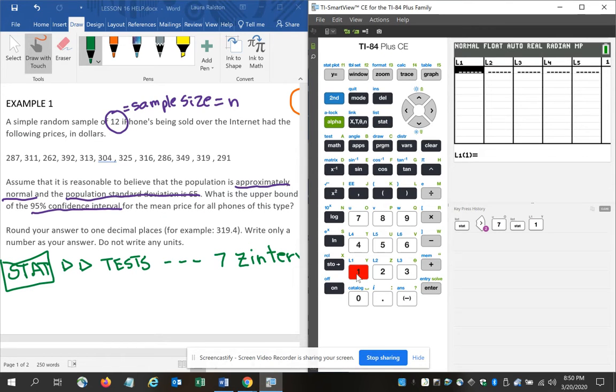And I'm going to enter my data that was given to me in the problem under L1.